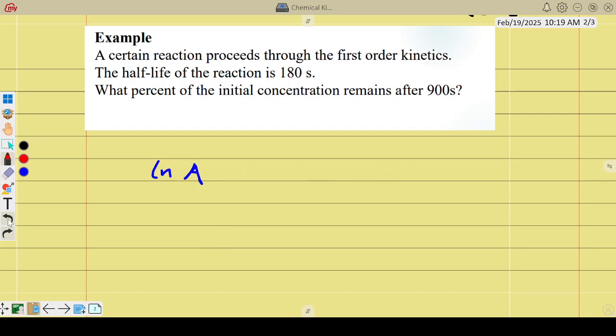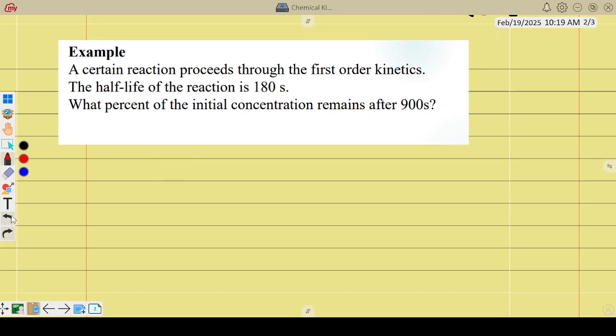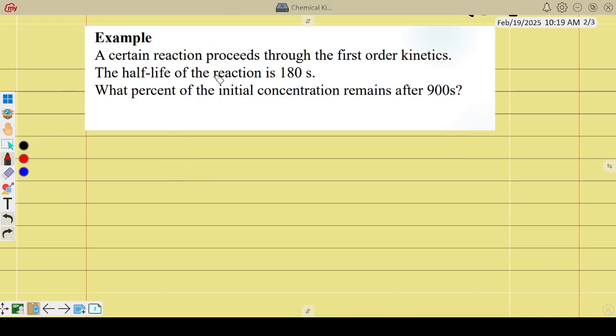The first thing, we have to find the rate constant because it's not given, and this is a first order reaction. When we're given the half-life, we can find the rate constant. The rate constant is 0.693 over t half. You can always interchange these two if you know the formula for the half-life.